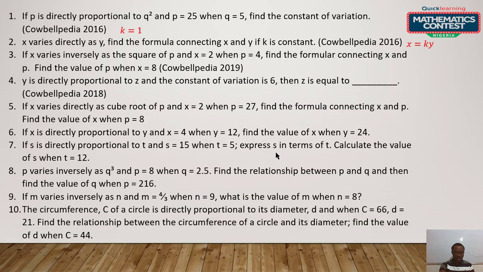Okay, I think question number 8. I want to give questions 8, 9, and 10. Let me give you 3 minutes per question for you to solve. Just 3 minutes. And for number one, you can start now.